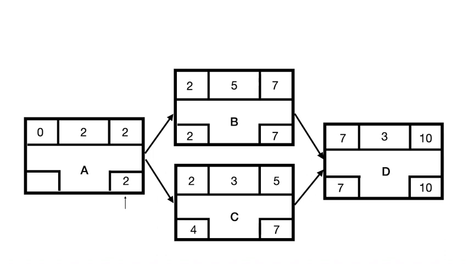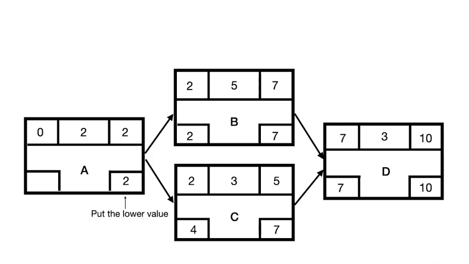That's because the latest time activity B could start would be 2. Activity B cannot start at day 3, because if we would do that, the project would get delayed. And that is exactly why the late finish of activity A is equal to 2.